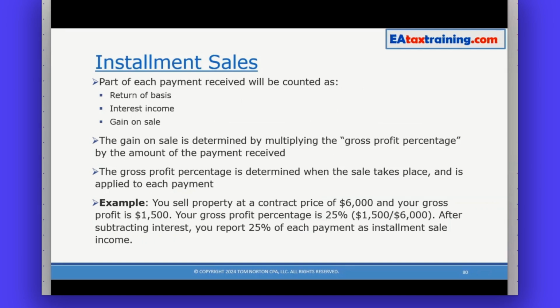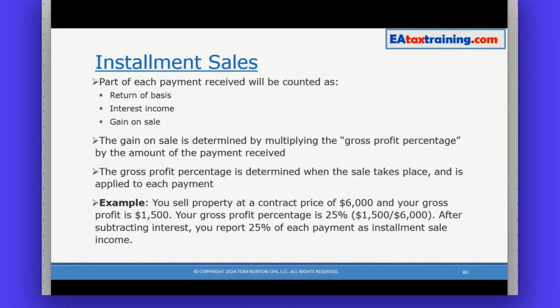The gross profit percentage is determined when the sales take place, and it's applied to each payment. So, for example, you sell property at a contract price of $6,000 and your gross profit is $1,500. That means your gross profit percentage is 25%. It's the gross profit of $1,500 divided by the sales price of $6,000.